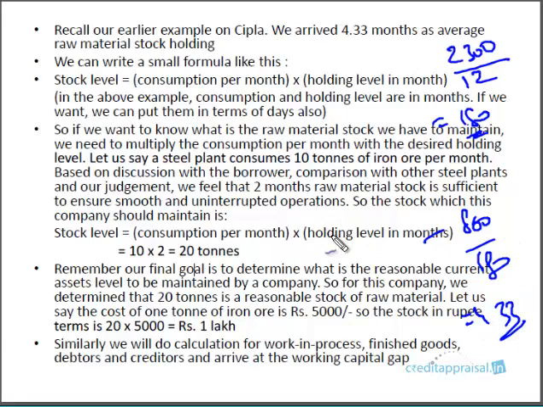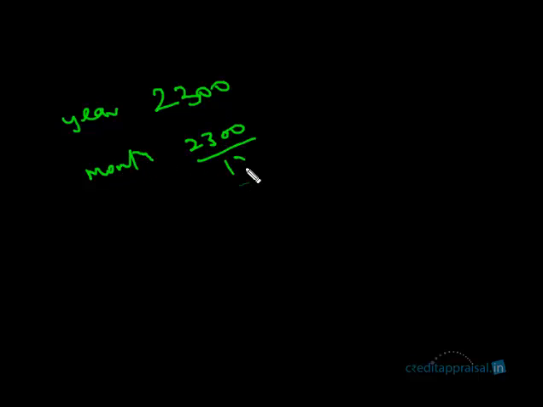So how did we arrive at this? If you look at this carefully, for the entire year, the raw material consumption we took for Cipla was 2300. This is for the entire year, right? Then we calculated per month how much they are consuming. So we divided this by 12, and arrived at the monthly consumption. I think we got around 180.